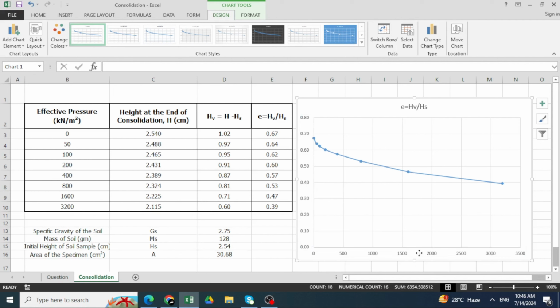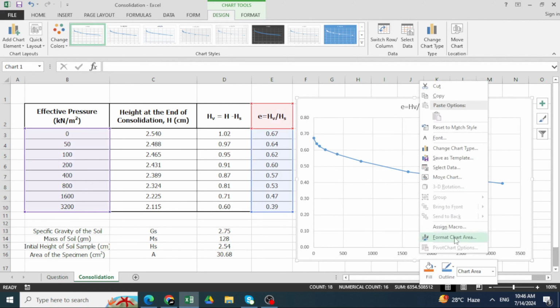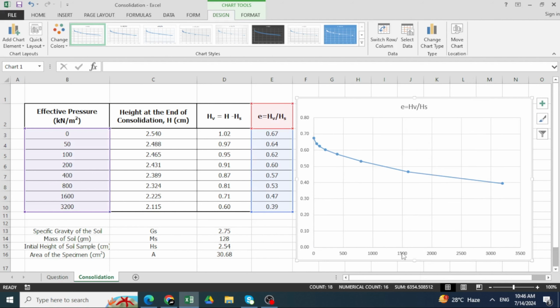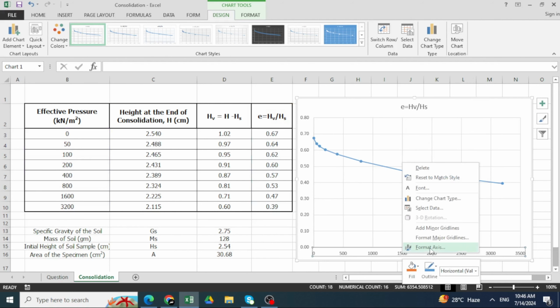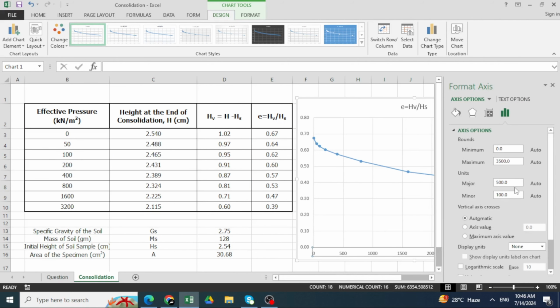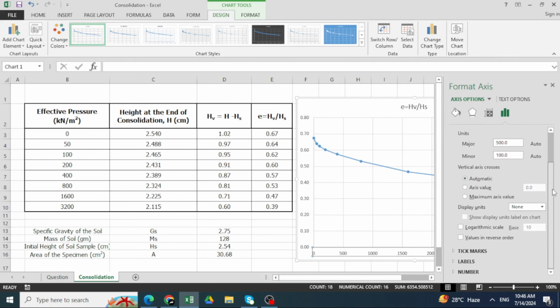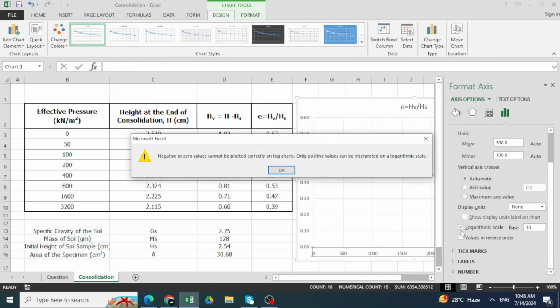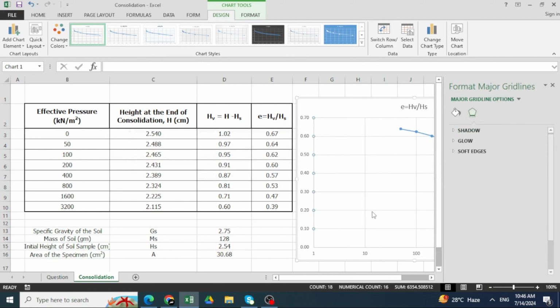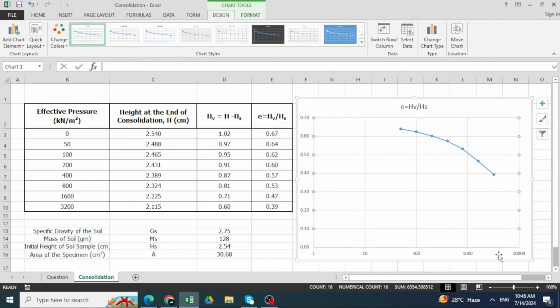So clicking, formatting the chart, what can I do? Clicking the right and format the axis. After, here you can see, keeping it as logarithmic scale. Okay, now the data is converted to the log scale from 1 to 10,000. Again formatting the chart.